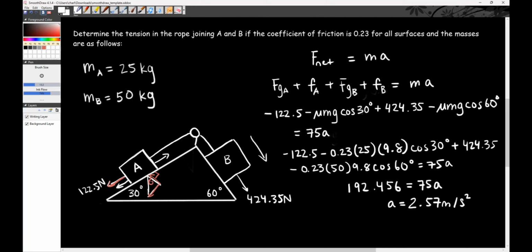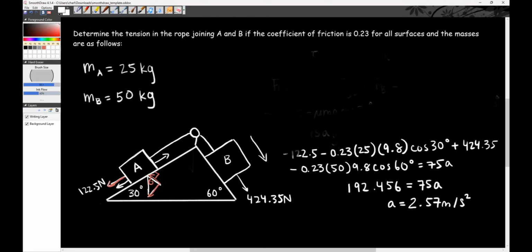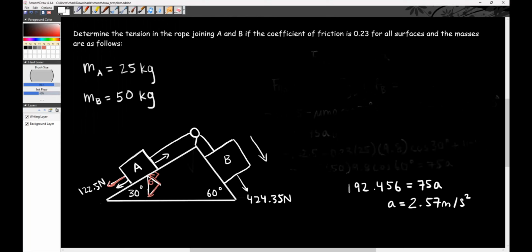Okay, now that we have the acceleration, we can choose one of these blocks and find the net force on it, which is going to help us find the tension. In this case, I don't think it matters which block you use. You can use either block A or block B because they're both equally difficult.